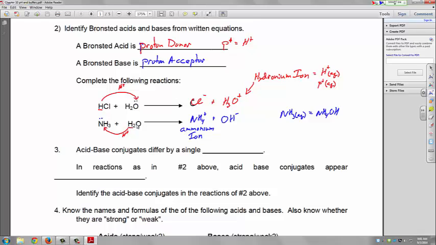And as I pointed out in lecture, ammonium hydroxide is really a bit of a misnomer because it doesn't really exist. What you have here is a solution that contains ammonium ions and hydroxide ions, but there is no ionic compound ammonium hydroxide. You can't get a sample of just pure ammonium hydroxide like you can, say, with sodium hydroxide.